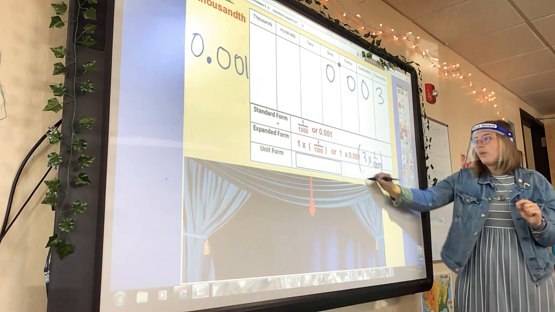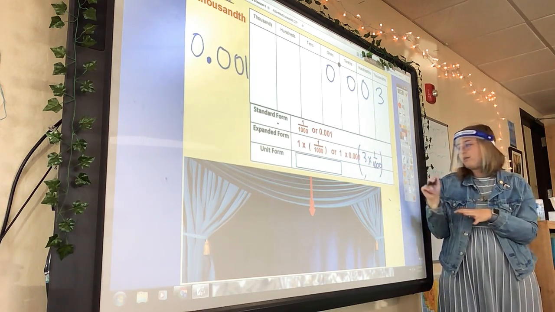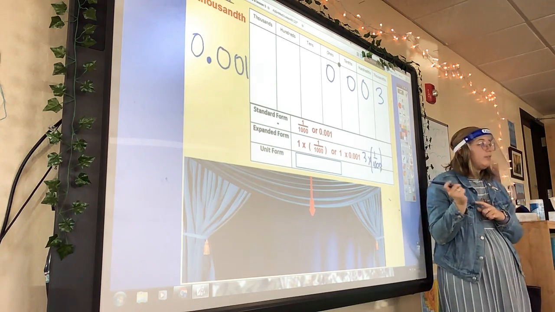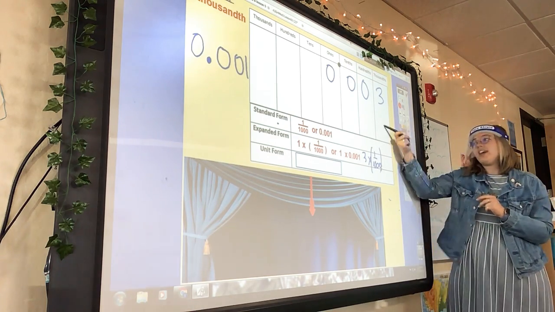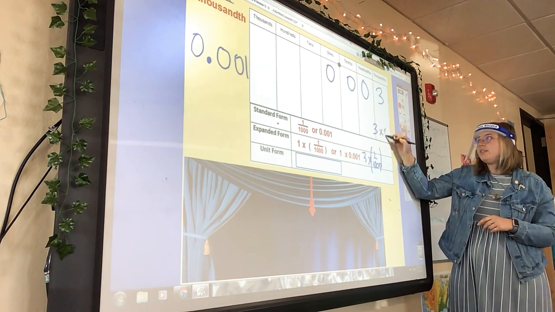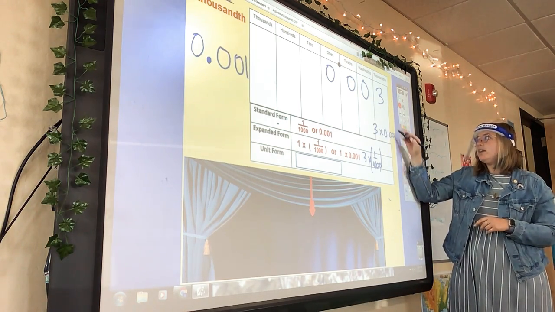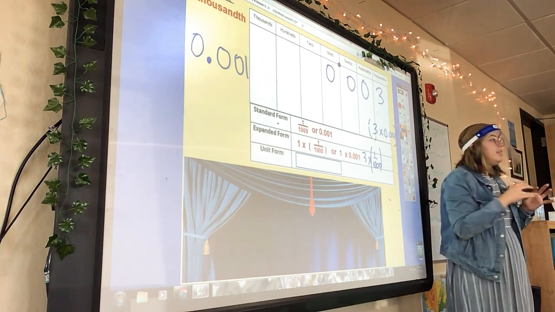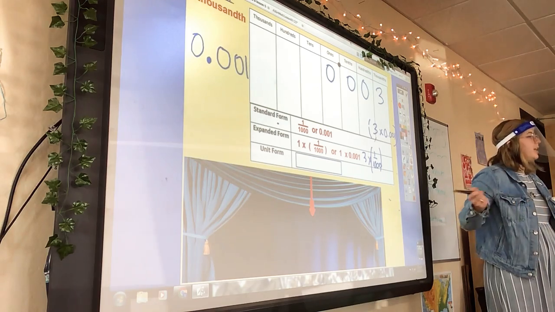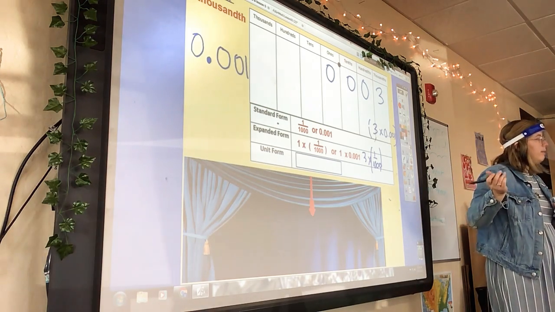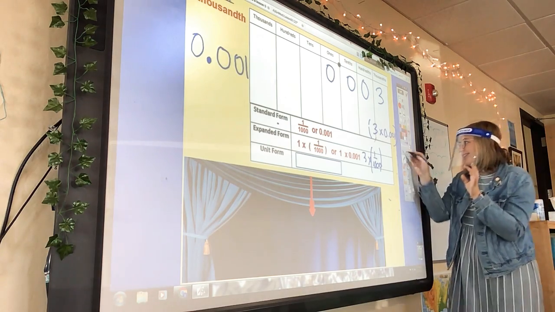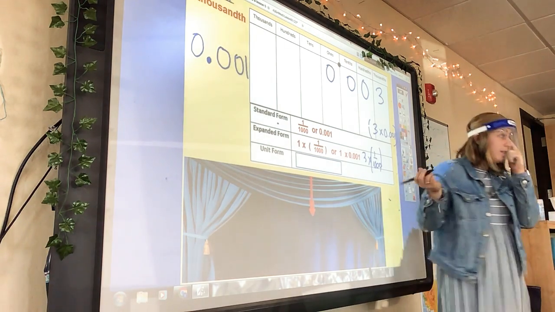Sorry, I put the parentheses in the wrong spot. So that's one way to write expanded form for 3 thousandths, or 3 copies of 0.001. The decimal and the fraction stay the same, but you're just writing how many copies of that you have. Does everybody see that? Yeah. Okay, great. I don't know if I'm over explaining it, but I just want to make sure it makes sense. Any questions on expanded form?